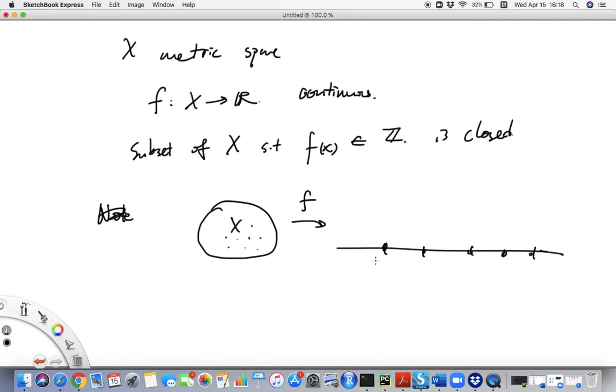All right, and so this set by definition is the pre-image of those points, right? So those are closed. The pre-image of closed set is closed, right? Because f is continuous. But here, important things to note is that this is not necessarily all of the integers. Okay, that's only part of the integers.